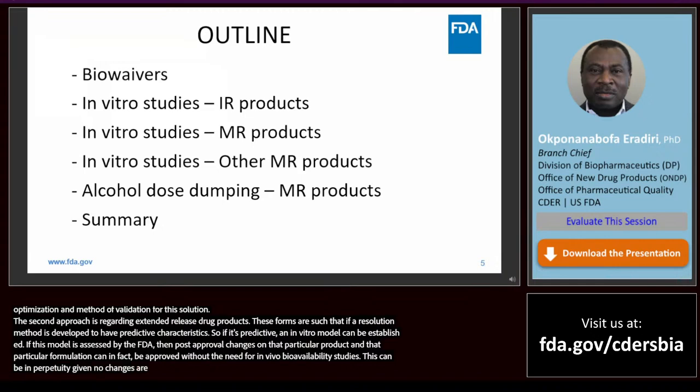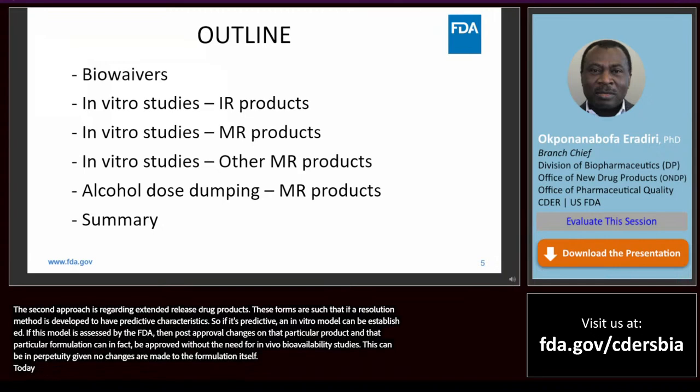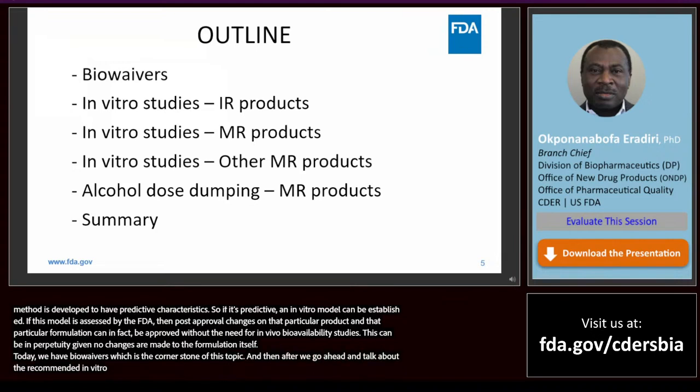Now, today I'll be covering biowaivers, which is the cornerstone of this particular topic. Thereafter, we'll talk about recommended in vitro studies for immediate release products, which are oral immediate release products.